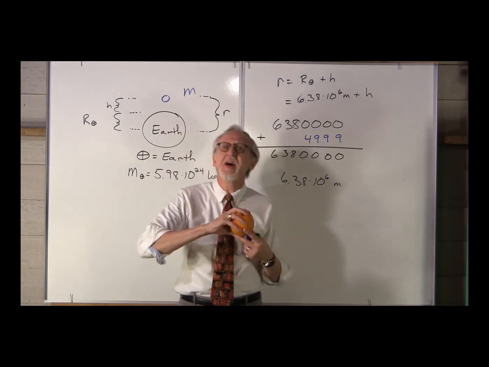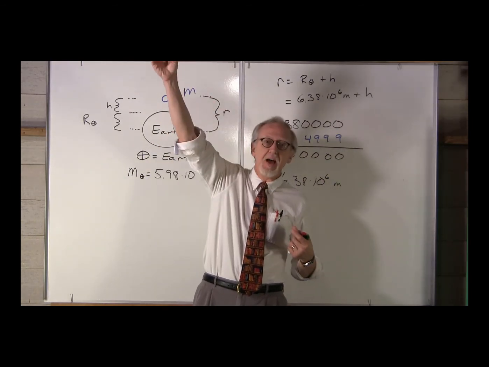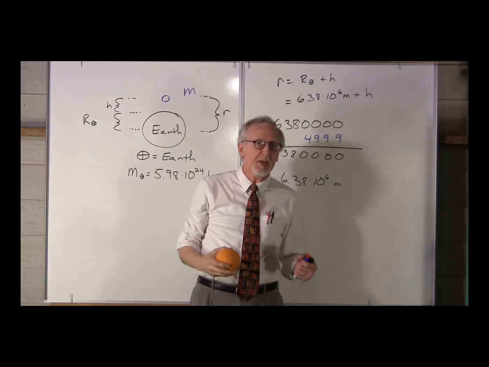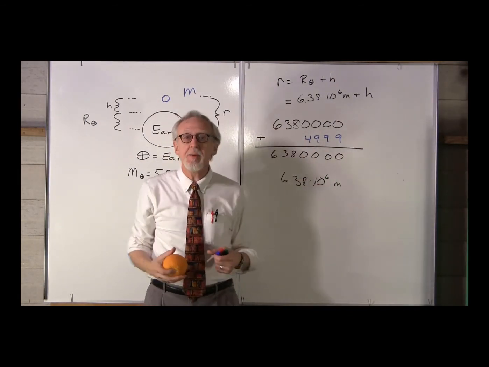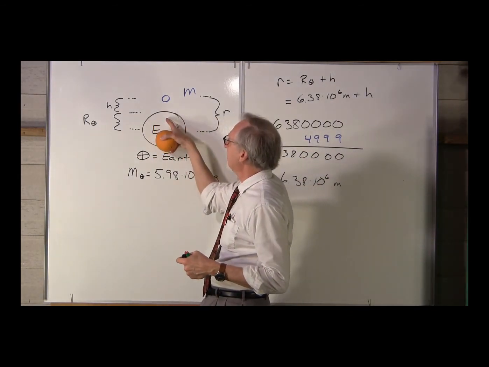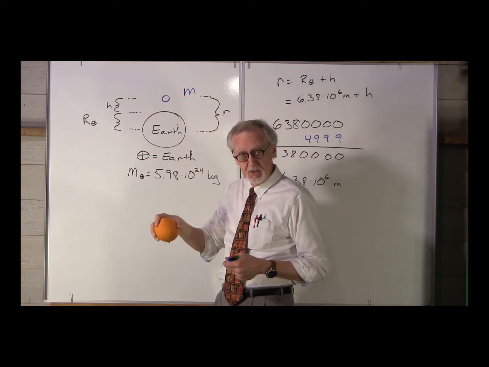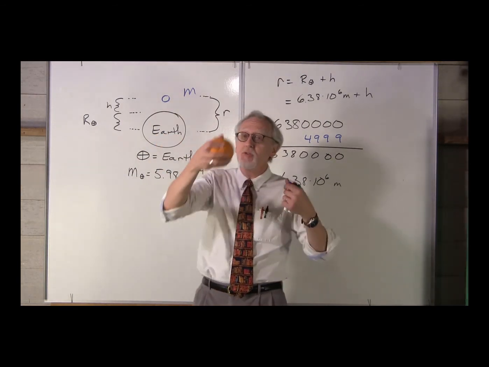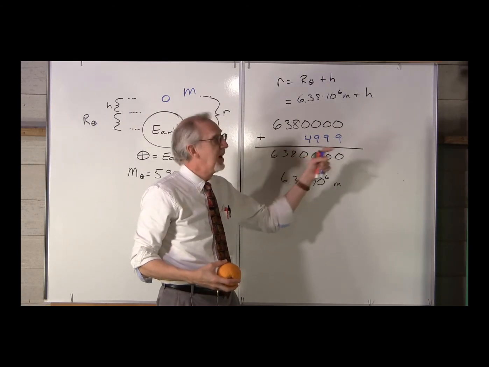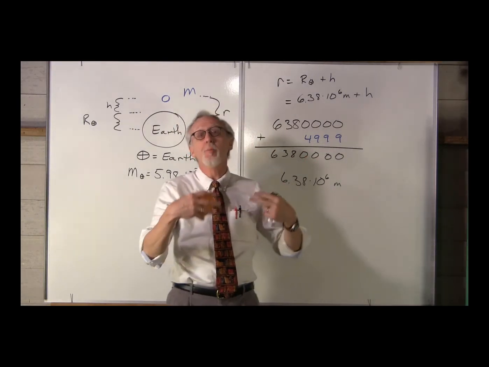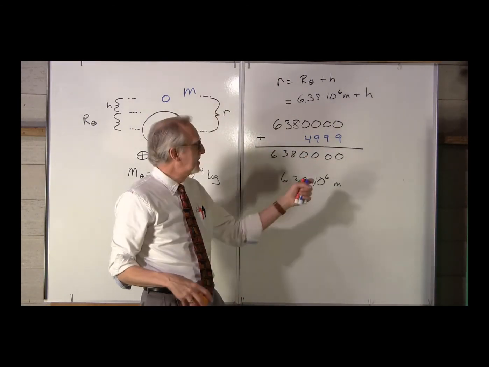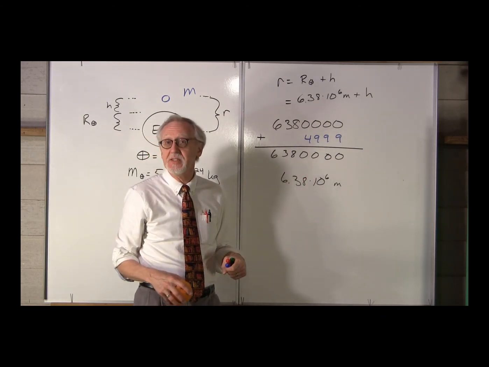If we want to put this further than 5,000 meters, or you could also make the argument, if you wanted to dig a hole and make h actually less than 0, so you're moving this closer to the center of the Earth, you could go down into a hole that's 4,999 meters, or almost 5 kilometers deep, and still not change the value of the distance between them.